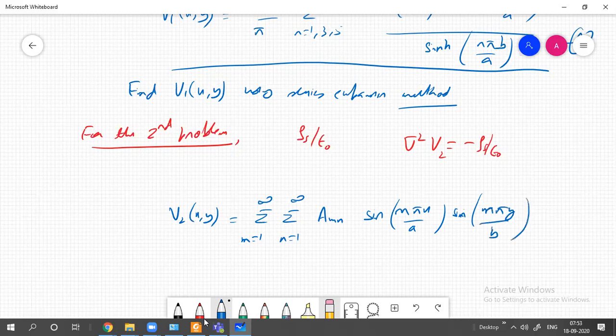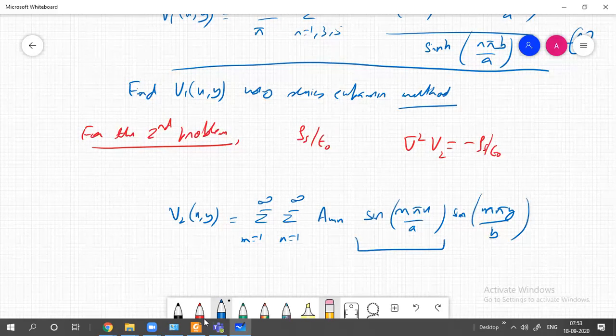The reason we have chosen sine terms is that they vanish at the boundaries and satisfy the boundary conditions.